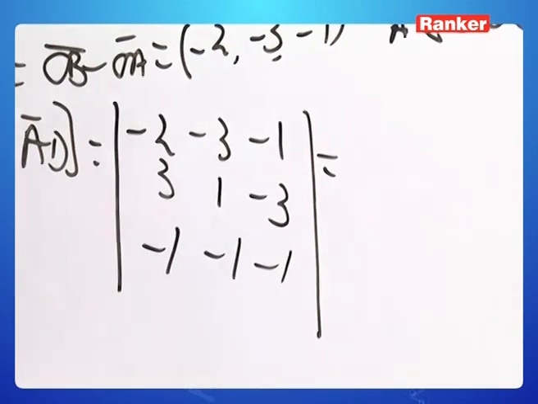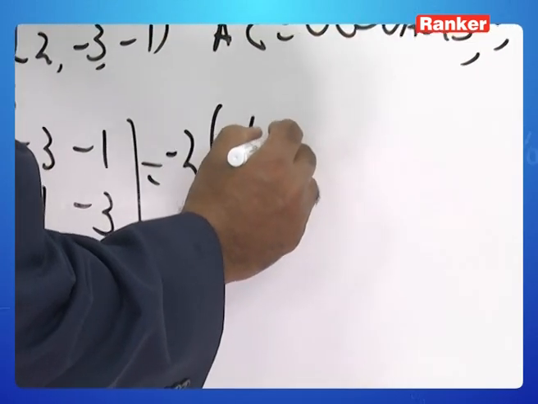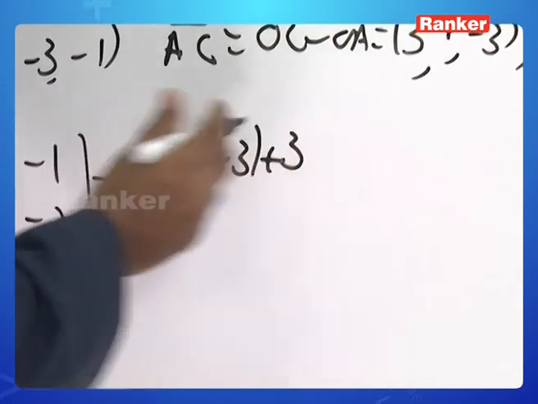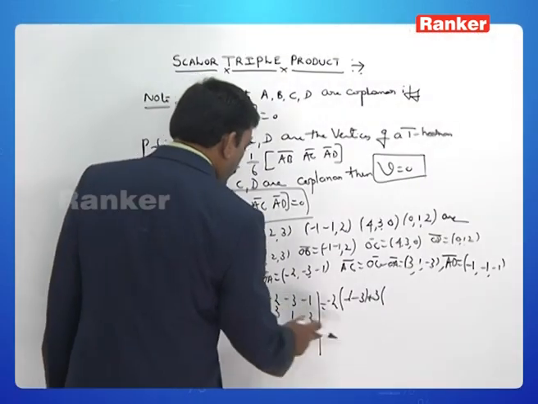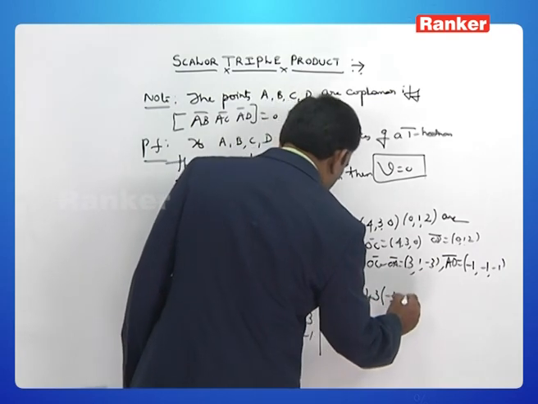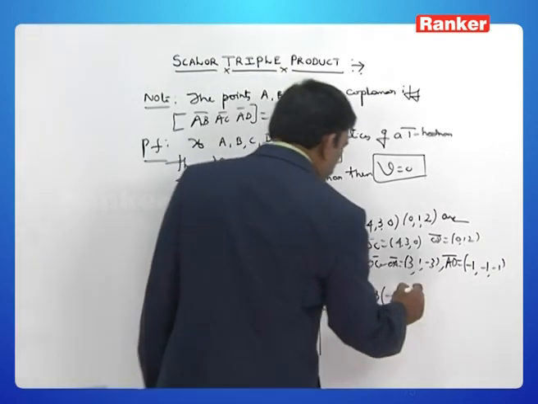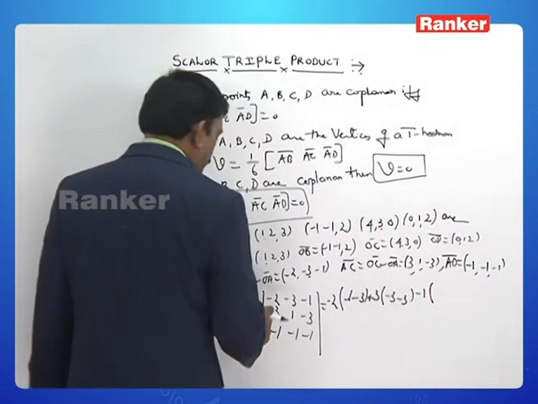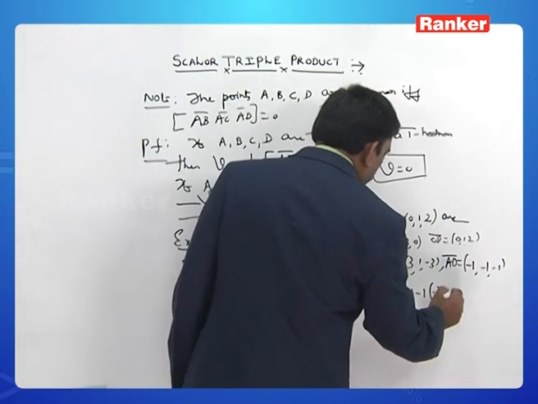Expand this. I can write minus 2 into minus 1, minus 3, minus of minus plus 3. Now into 3 minus 3, minus 3. Minus of minus plus. Once again minus. Minus 1 into minus 3, next plus 1.